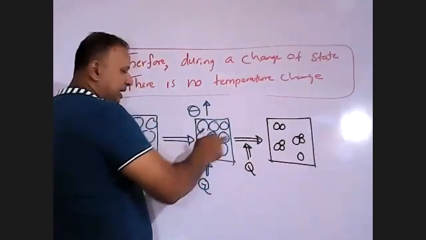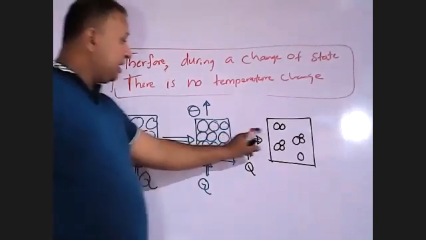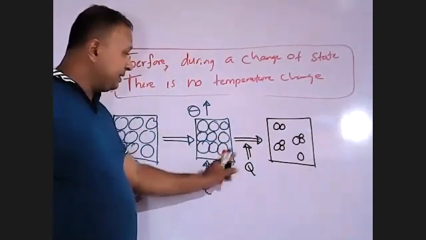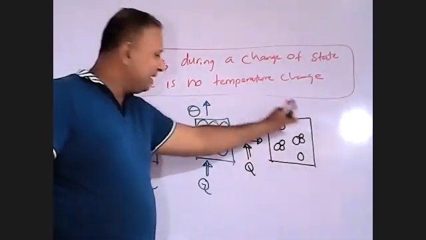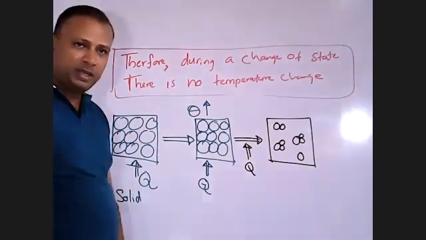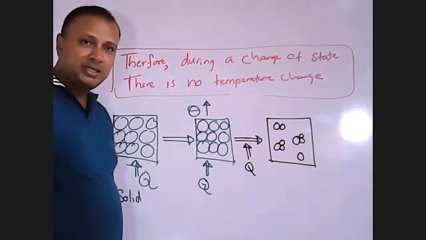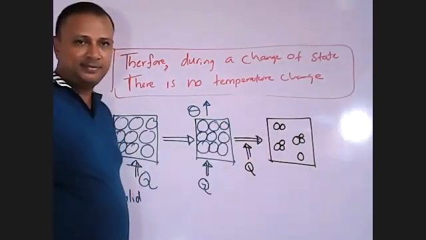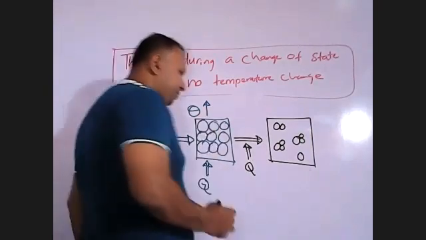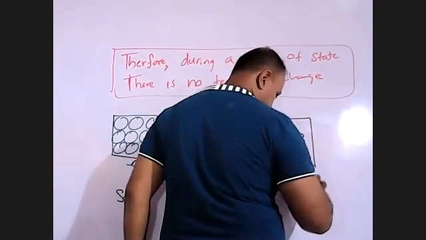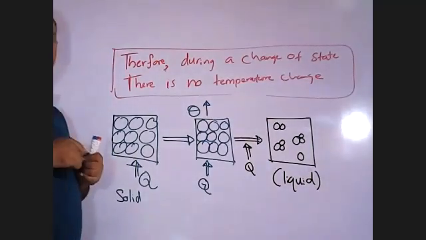Therefore, initially there are 9 bonds together, but after breaking some intermolecular bonds, now they are in some free arrangement. Okay, but there are some intermolecular bonds, but some bonds are broken. Okay, did you get my point? Now it becomes a liquid. Clear now?